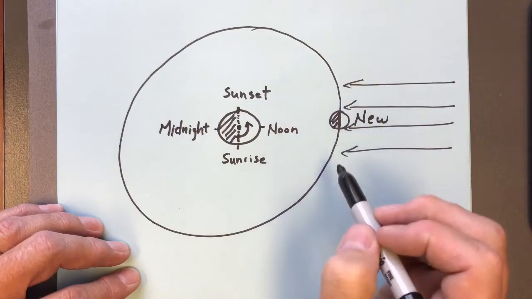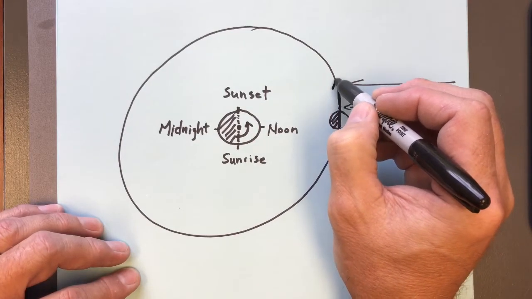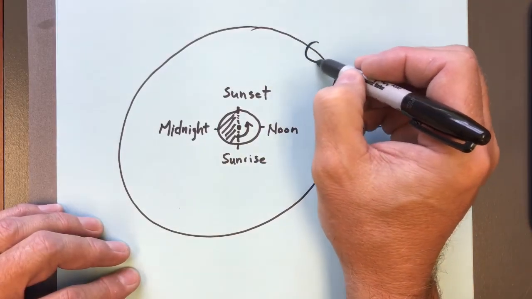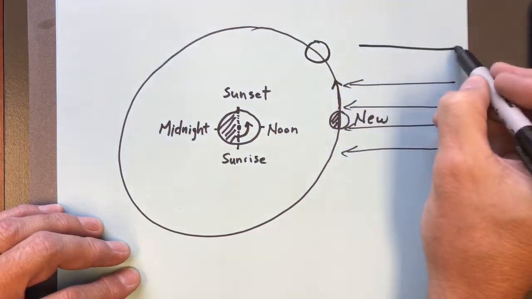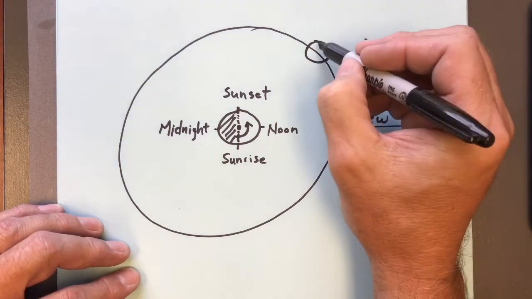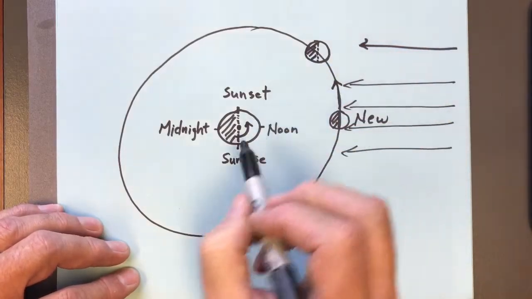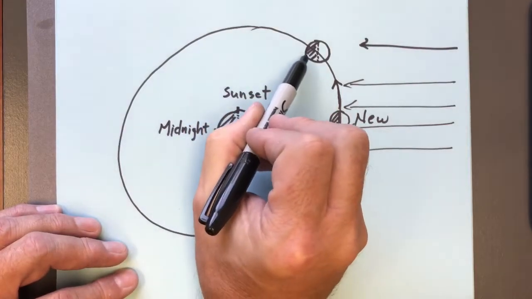And as the moon goes around through its phases, let's say that the moon orbits in that direction. When the moon gets about right here, again, remember, the light from the sun is coming from that direction. Half of the moon is going to be illuminated, half of it's going to be dark. But from your perspective here on Earth, when you look at it, now what do you see?